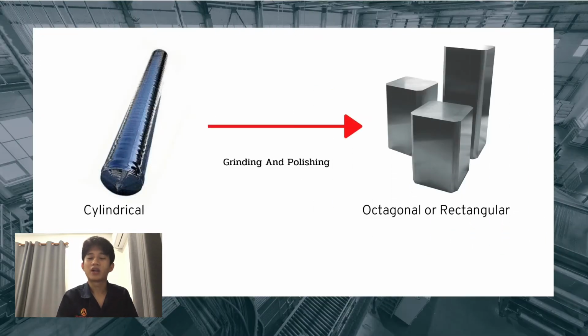After we get the cylindrical silicon rod, we will clean and polish it to get a desirable shape and smoothness. For making solar cells, we usually use an octagonal or rectangular shape.